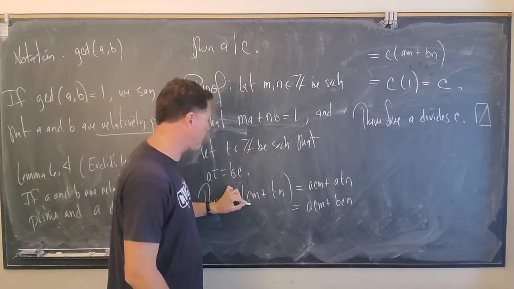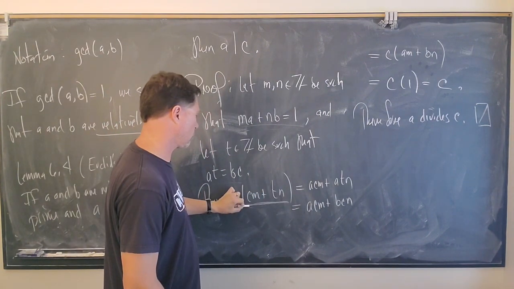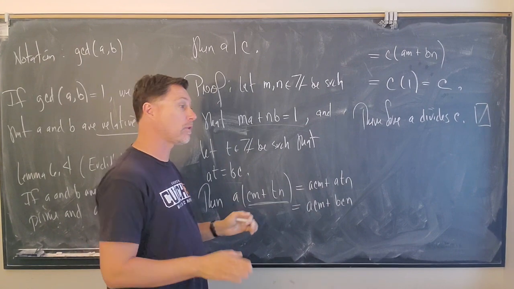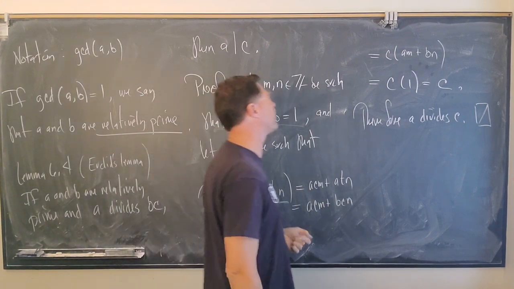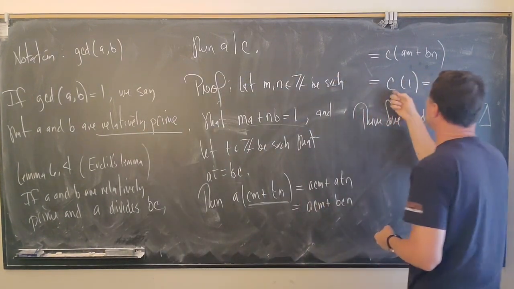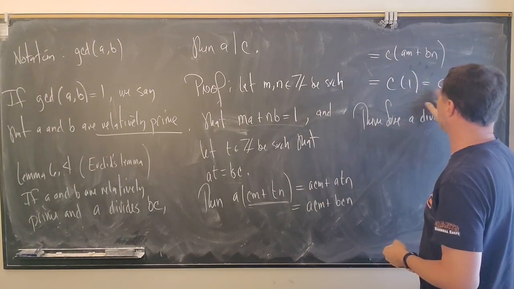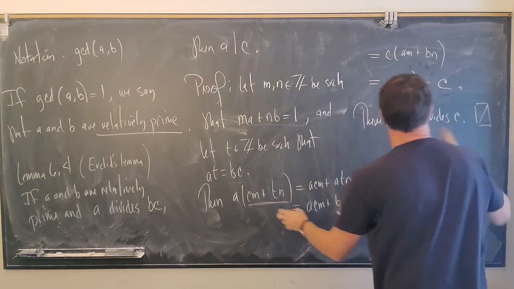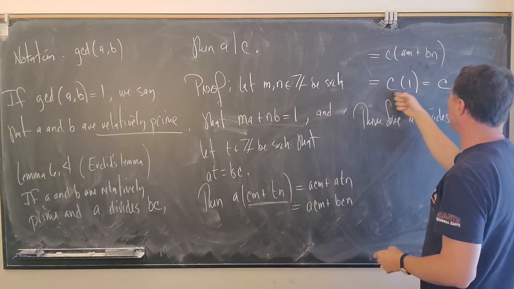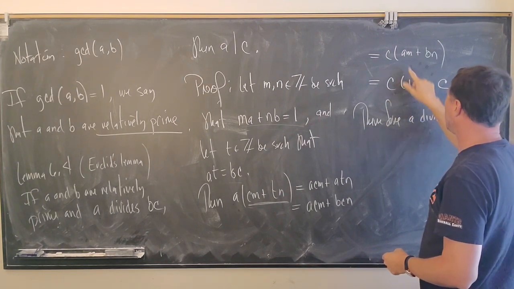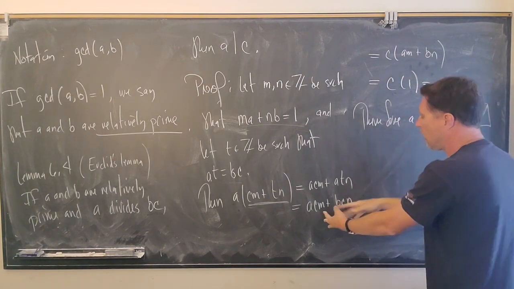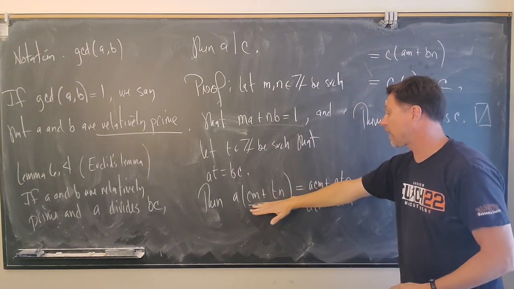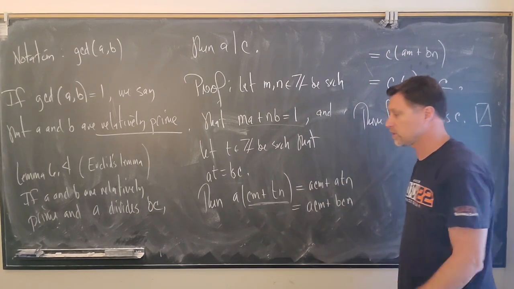We had to come up with the right integer, so you kind of have to play around with things a little bit. You can think of it as reverse engineering. I know that I need A times something equal to C. The trick was to write 1 in this special way and then undo things until we figure out how to factor an A out. So there's the idea behind the proof.